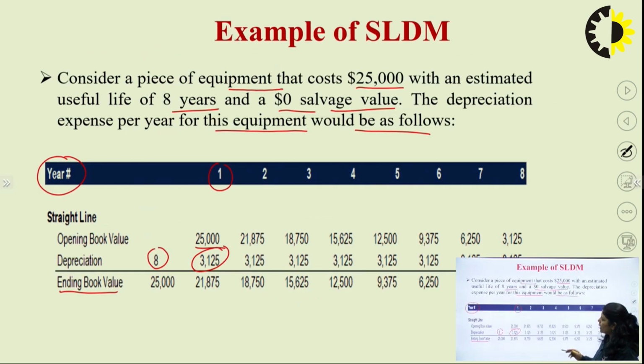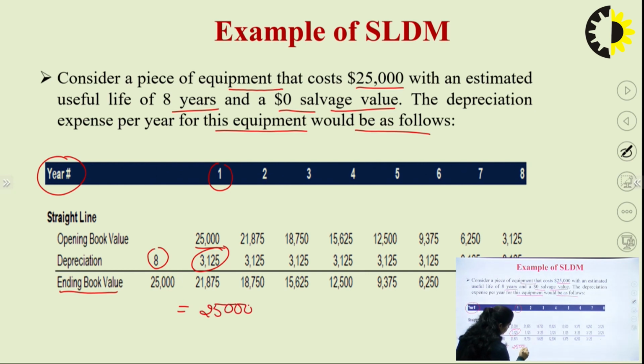So, 25,000 is the cost of the asset, minus 0 is the salvage value, divided by 8. With the help of this formula, we will get this amount.